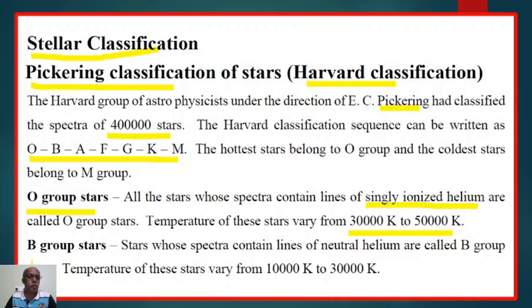Next we have B group stars. These are the stars whose temperature varies from 10,000 Kelvin to 30,000 Kelvin, and the spectra of these stars consist of lines of neutral helium atoms.